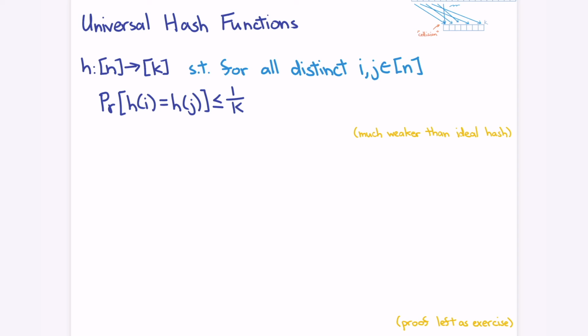So a universal hash function is this bare minimum. It doesn't say anything about the whole distribution of keys being very uniform, but it says for any two keys, the odds of them colliding should be as if it were ideal, 1 in k. Okay. So that's the idea. Any ideas for how to generate one? It's hard to guess, but maybe it's still a fun exercise.